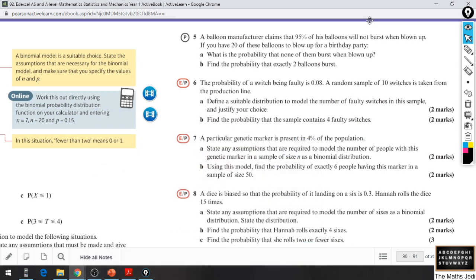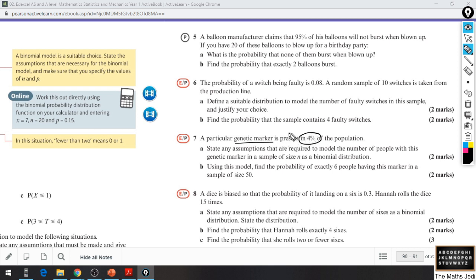Question 7, we're going to look at that now. So it says, a particular genetic marker is present in 4% of the population. State any assumptions that are required to model the number of people with this genetic marker in a sample of size n as a binomial distribution. So what assumptions are you making? You're assuming that people either have the genetic marker or they don't, because you want two outcomes.